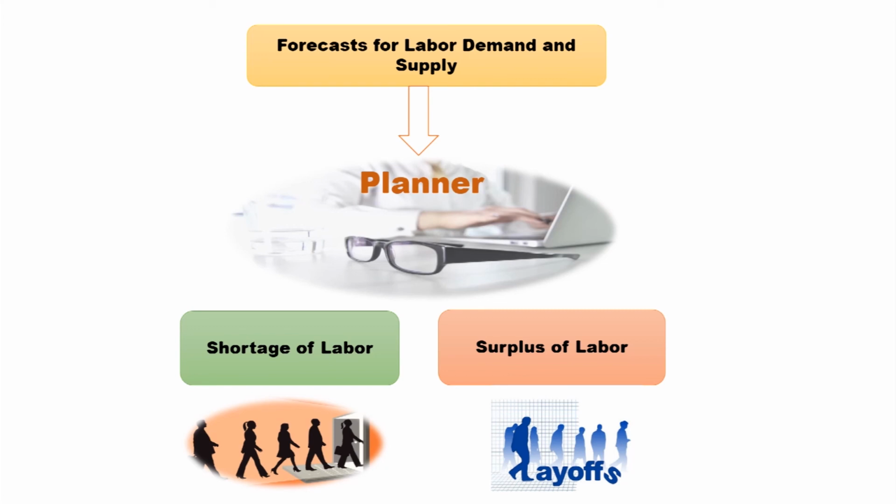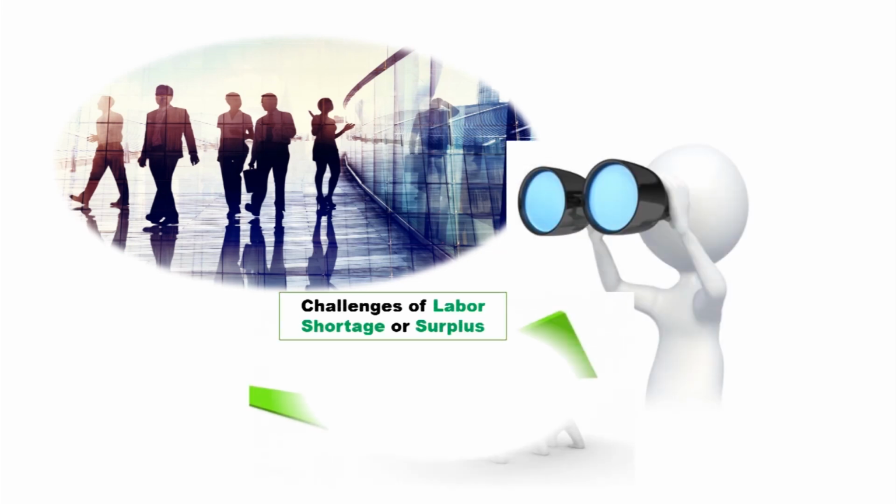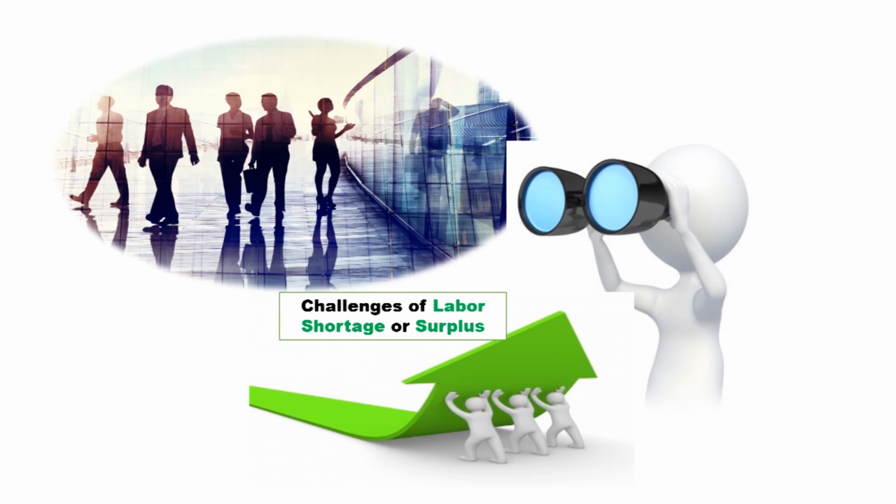And determining expected shortages and surpluses allows the organization to plan as to how to address these challenges. So in this video, we discussed the first step of HRP process, that is forecasting.